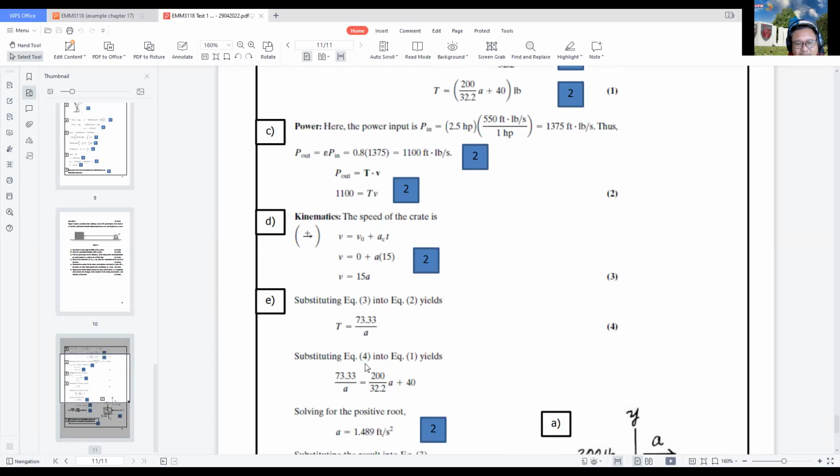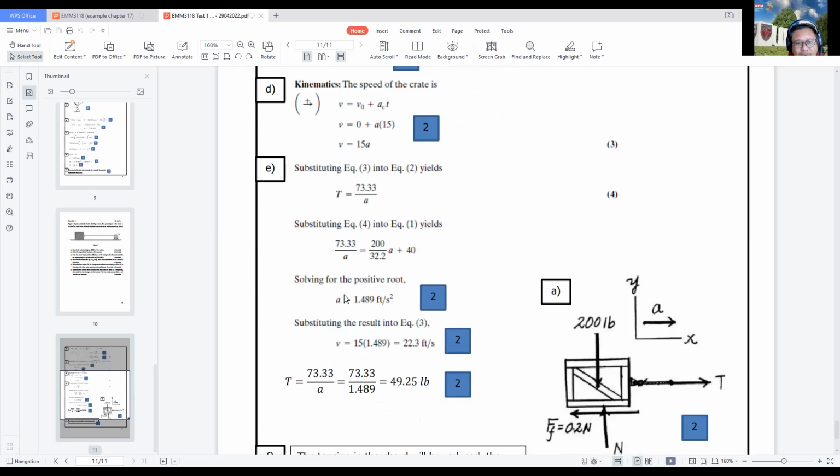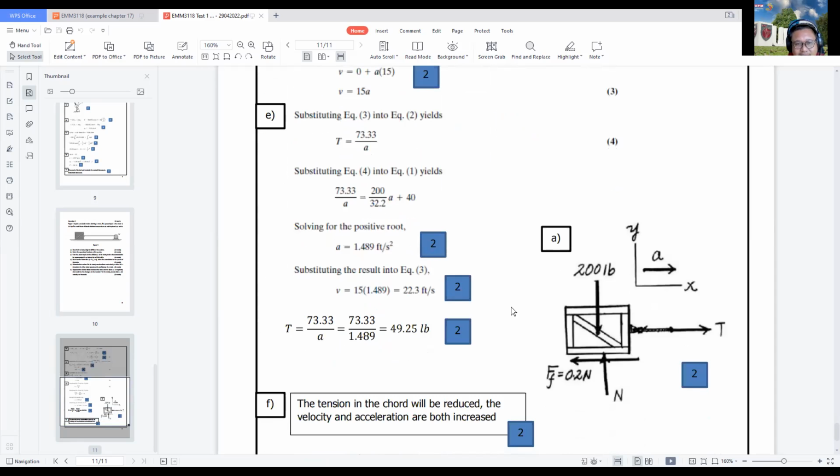Once you get equation number 4, you can put it in the first equation up here, because this T is the same T. So you can substitute that. Then you can solve for the value of a, the acceleration of this particular crate.